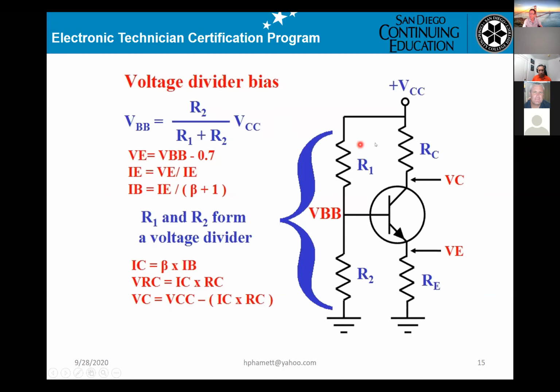If you want the voltage drop here, you take IC times RC. Finally, you want VC, right here: you take VCC minus the voltage drop ICRC. Then you get VC. If you want VCE, you take VC minus VE. This circuitry is used all the time.